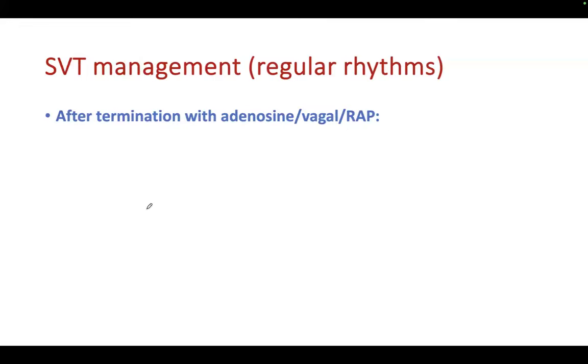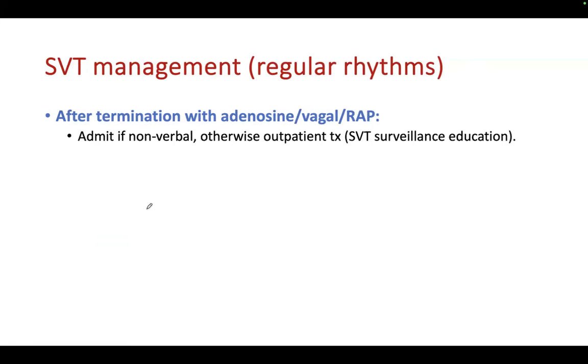but if you give adenosine or vagal maneuvers or rapid atrial pacing and the SVT terminates for good, I mean, it terminates and the patient stayed in sinus rhythm, then usually I admit if the patient is nonverbal, meaning less than 3 or 4 years of age, we probably should admit for a day or two.